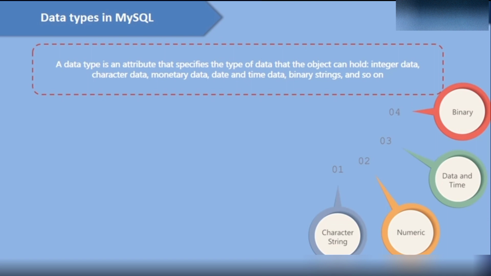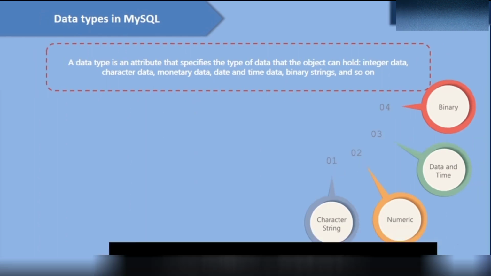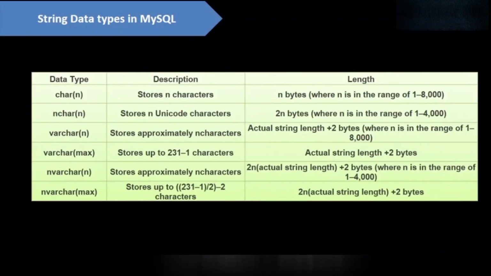The data types can be integer data, character data, monetary data, date and time data, binary strings, and so on. In our case, we are going to use character strings, numeric values, date and time, and binary. Now we will have a look at the string data types we have in MySQL.